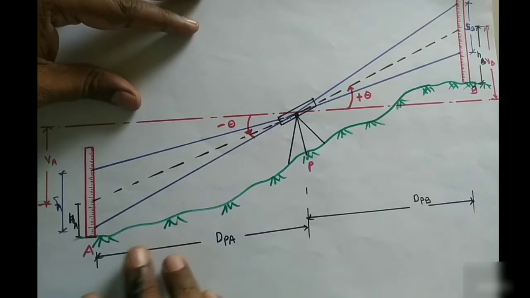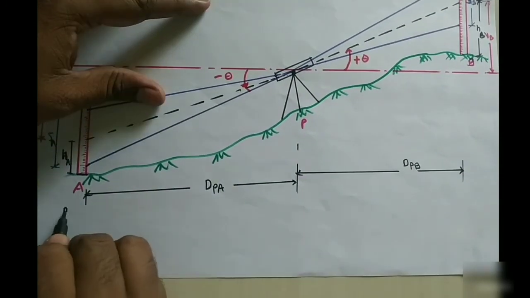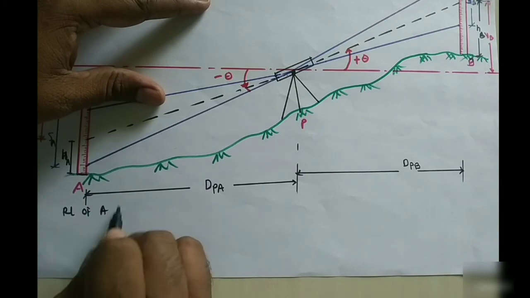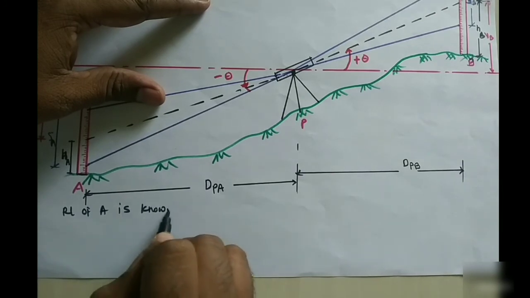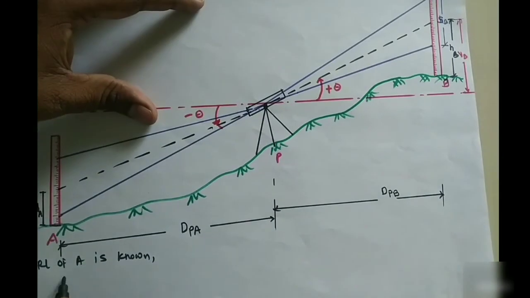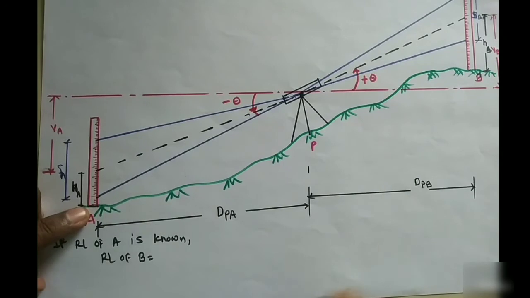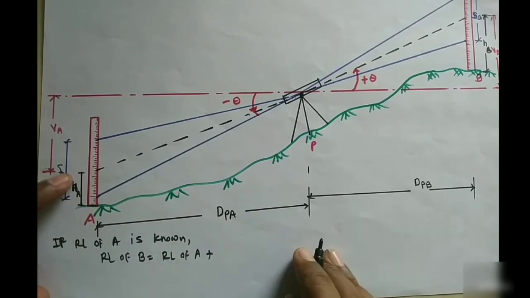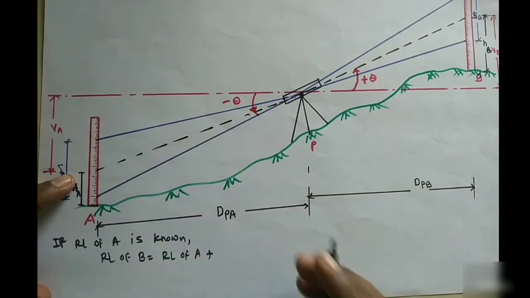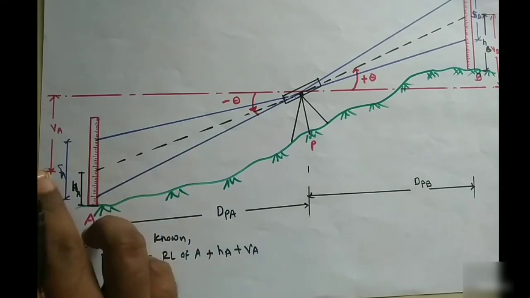Now here in this case, if RL of A is given, if RL of A is known, then how will you determine the RL of B? That is the challenge. RL of B. Now diagrammatically you can directly say RL of A is given, that's why RL of A plus central hair reading we can measure from the tachyometer HA, okay, plus VA.